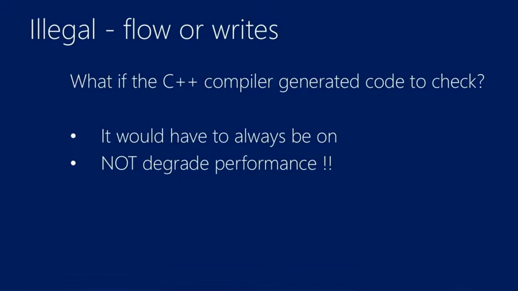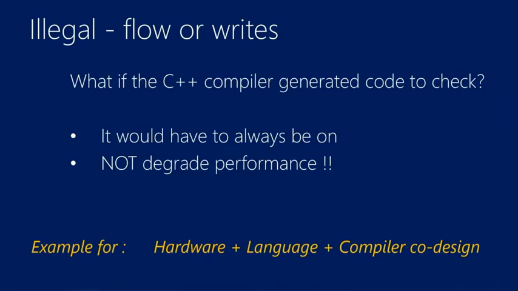But in our world, static analysis or any kind of checked build wouldn't be enough. This stuff would have to be on by default all the time. It couldn't slow the performance down, and it would never be something that we could fully disclose. But this is an unbelievably great area for language designers, the hardware designers, and the compiler writers to make an incredible difference if we work together. This is super, super important.